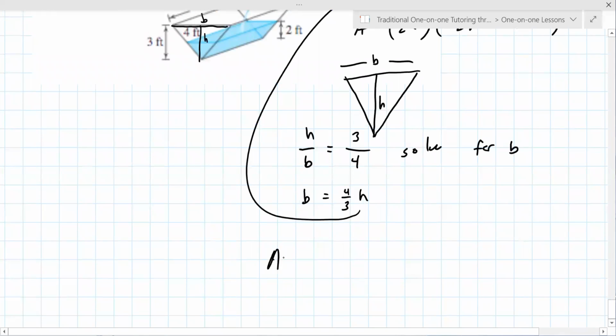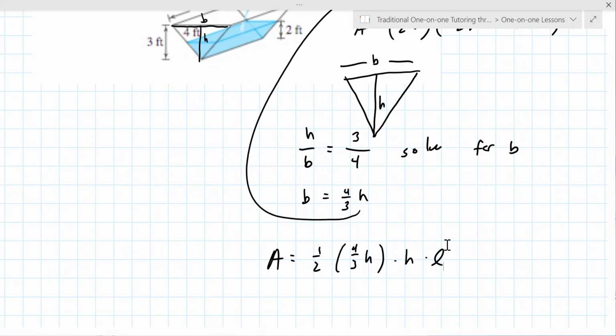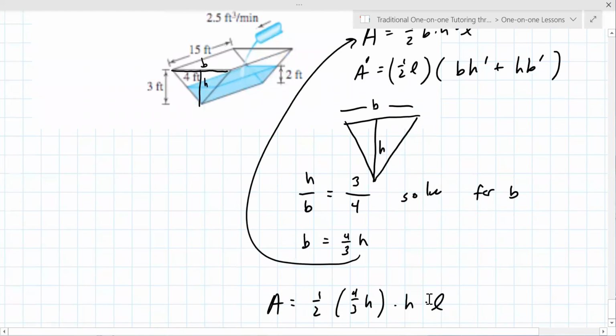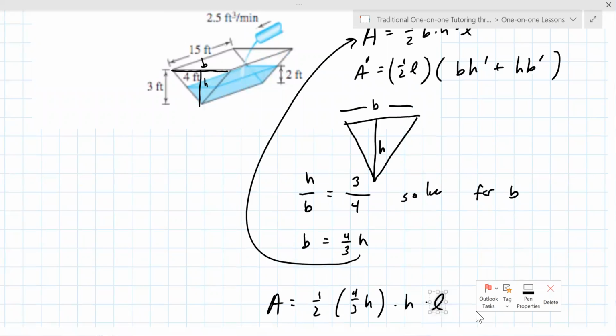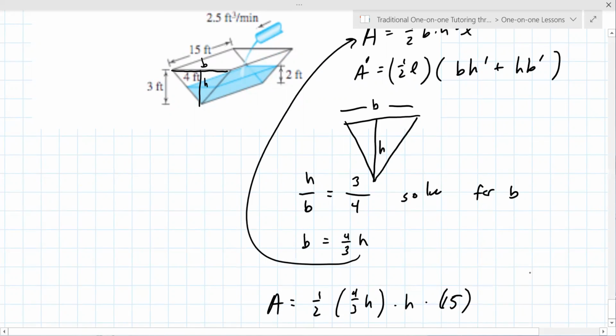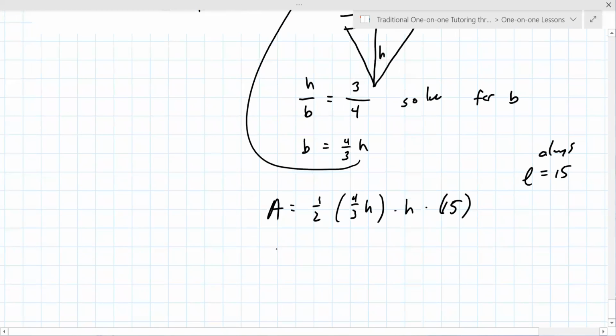So the area is 1/2 times 4/3 H times L. And actually we know L is always 15, so we can substitute in 15 for that. L equals 15 always. Okay, so we should simplify here a little bit.